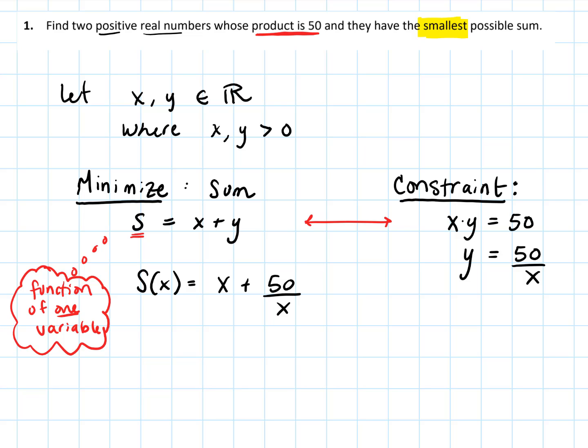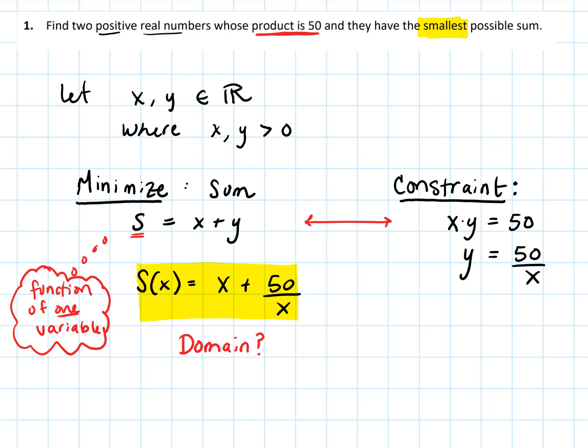Okay, so now that I have this function, we need to consider the domain. What is the domain of this function? Now, for the domain, you have to consider two things. One, consider the function that you've created, but you also have to consider the context.